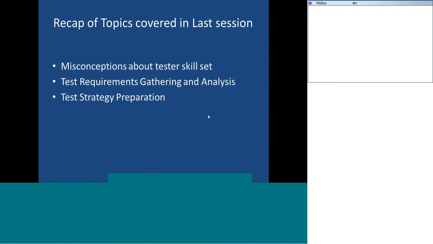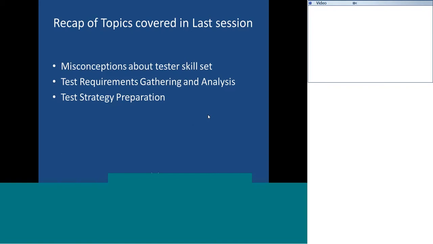You'll also track any open issues or application related queries, and business related queries. All the queries related to the BRD analysis will be tracked in the clarification log.